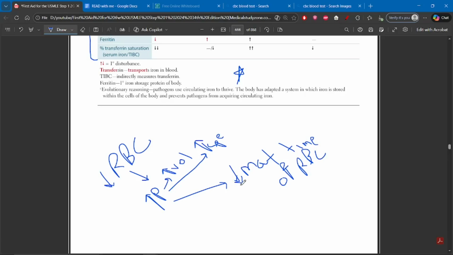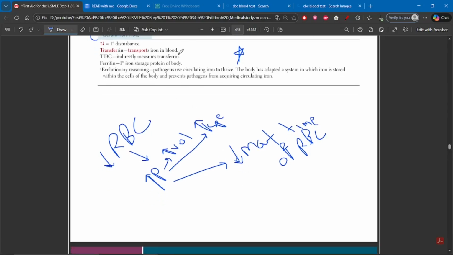So RBCs will get less time to mature. When RBCs get less time to mature, more immature forms of the RBCs are getting released into the blood. The most prevalent immature form is the reticulocytes. There will be increased reticulocytes in the blood, right? So reticulocytes are always going to be present when there is decreased RBCs, when there is basically an anemic situation in the body.